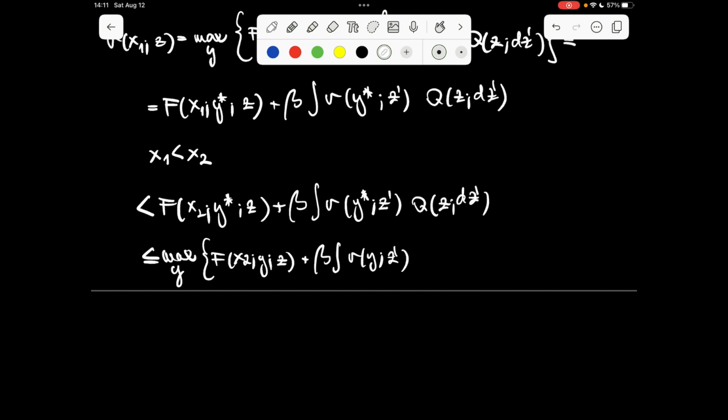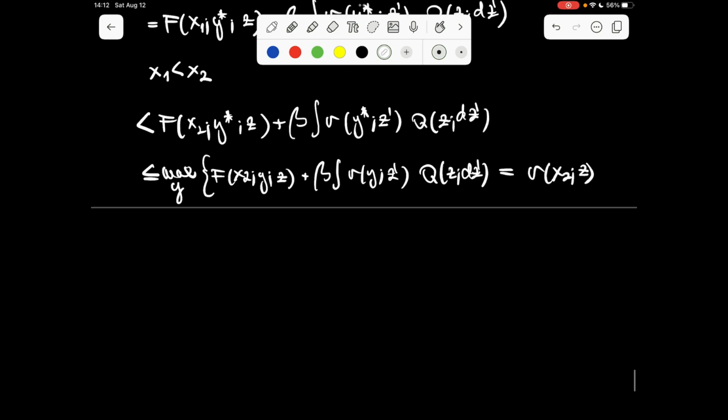So we are using the fact that f is strictly increasing in the first variable. So in the end, we have this relation.